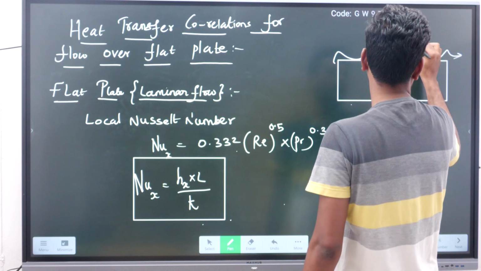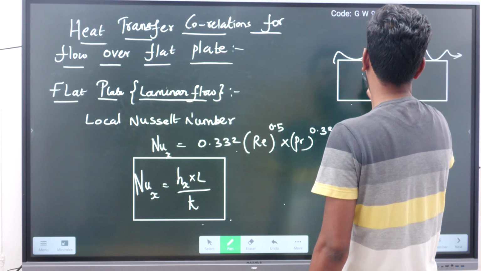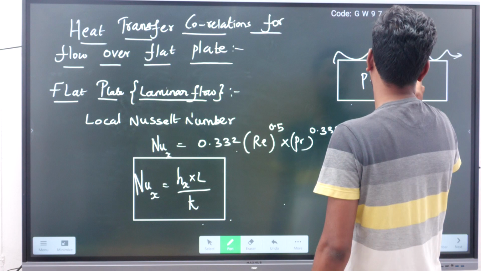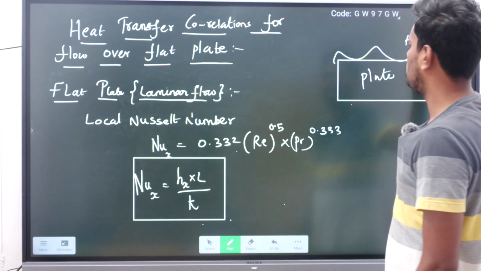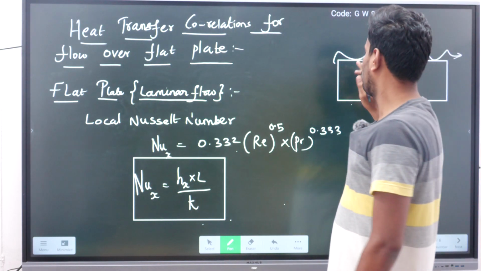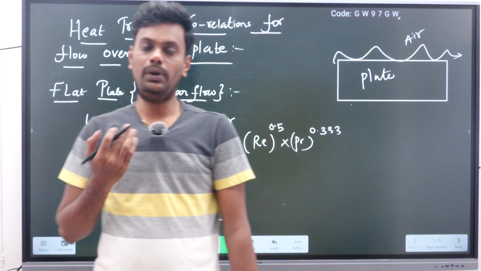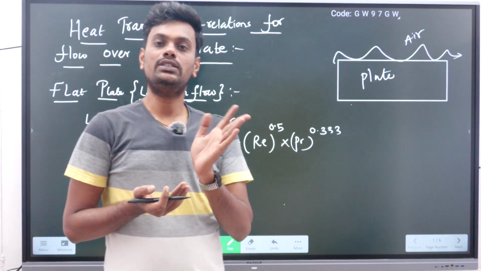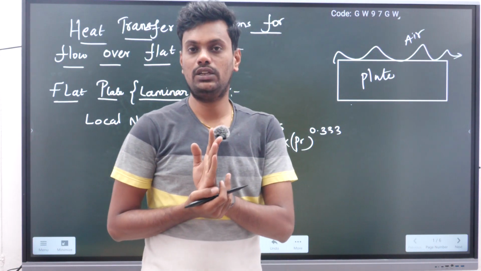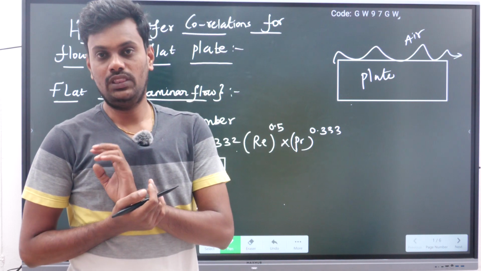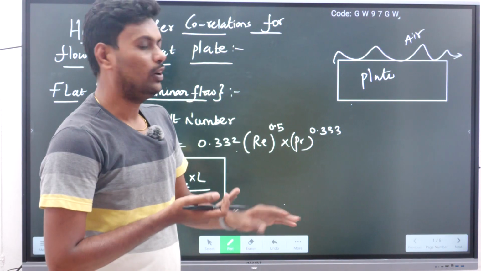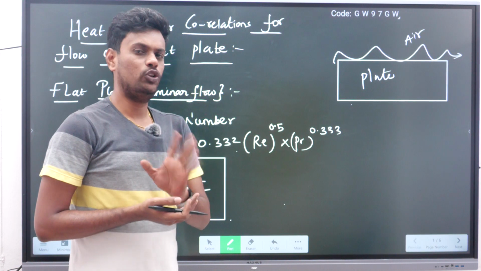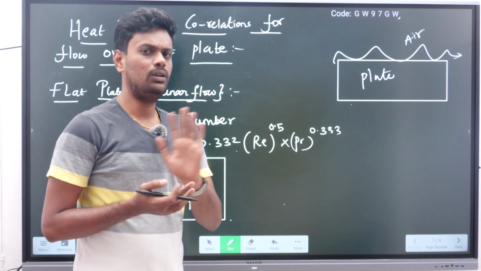So this is air, this is the plate. When the air flows over this plate, what are the correlations that we have to understand and study? That is this topic. Not only air, you can take any type of fluid or liquid flowing over the plate.